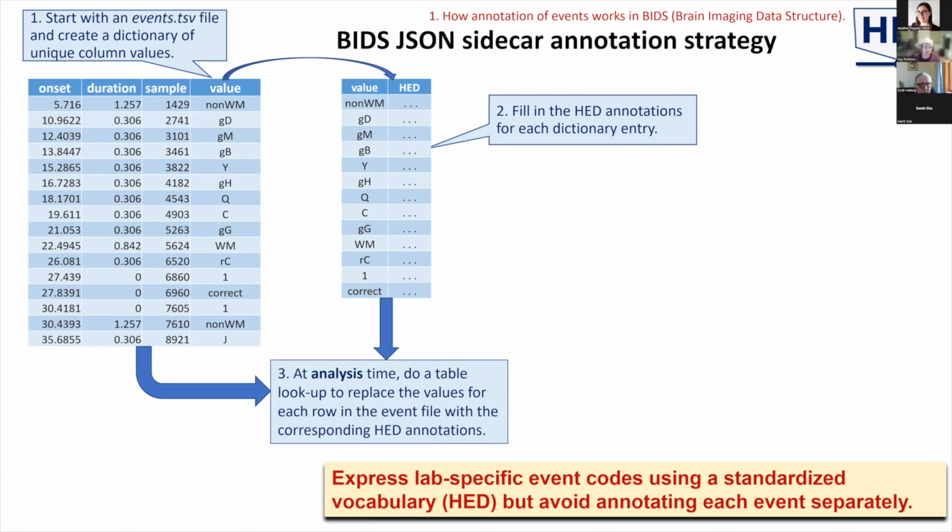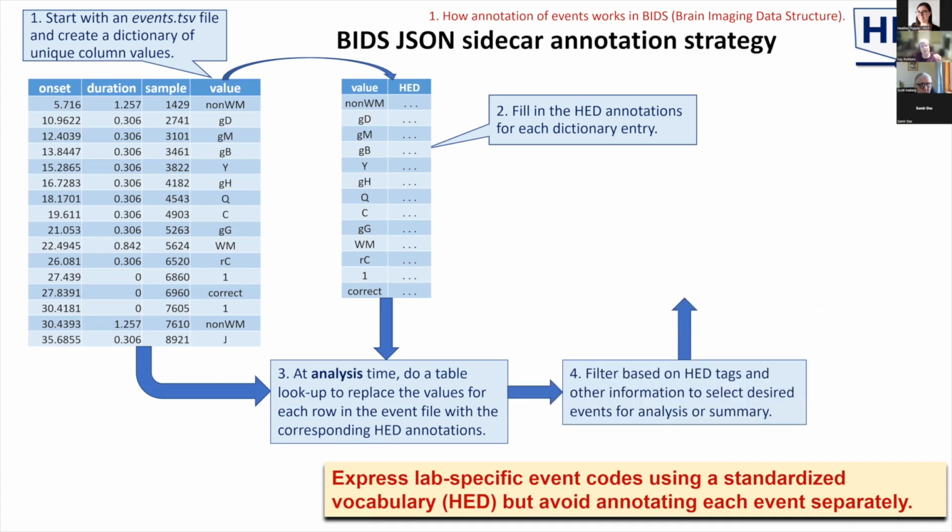And if you need to put HED columns in your event files, sometimes you need to, it'll assemble all of those annotations to create a single HED annotation for each event in the data set, but that's only done at analysis time. At annotation time, you're just concentrating on expressing what those events mean.